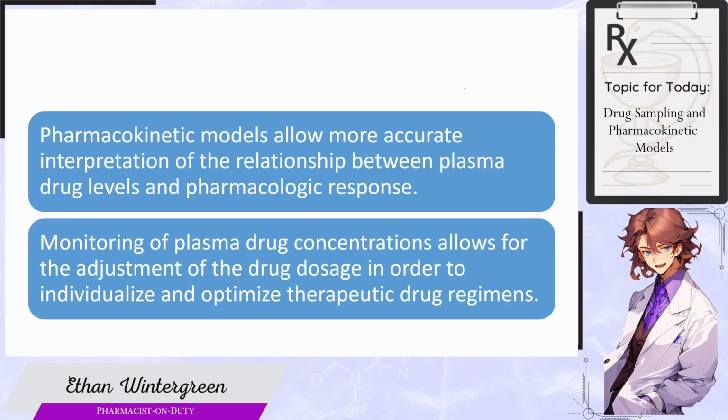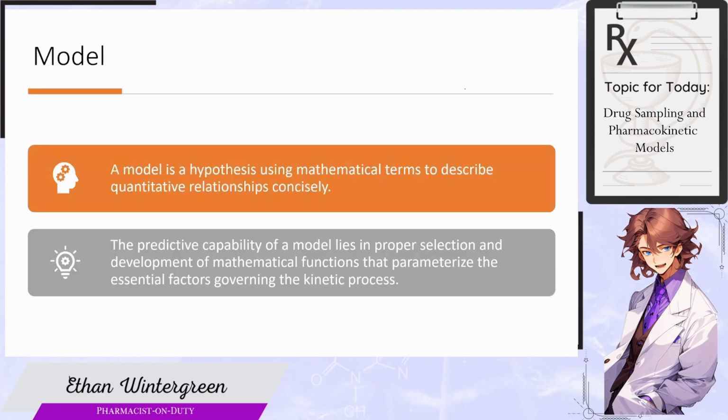Pharmacokinetic models allow a more accurate interpretation of the relationship between the plasma drug levels and pharmacologic response. Monitoring of the plasma drug concentration allows for the adjustment of the drug dosage in order to individualize and optimize therapy for drug regimens. So what's a model? A model is a hypothesis using mathematical terms to describe a quantitative relationship concisely.